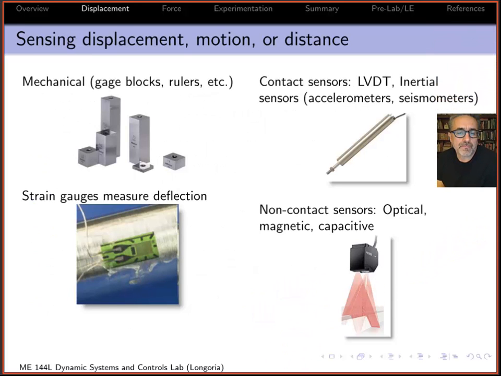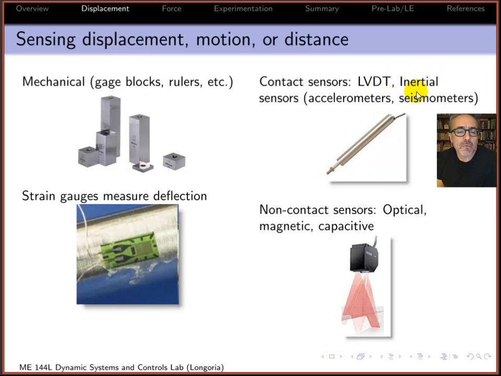This slide really just shows an overview of the different types of methods used for measuring displacement, if you like, motion, distance. Mechanical methods are essential. We use them for calibration, quick measurements, and so on. The contact type sensors are like the LVDTs, and we'll talk a little bit about those later.